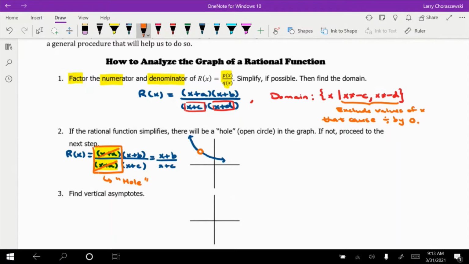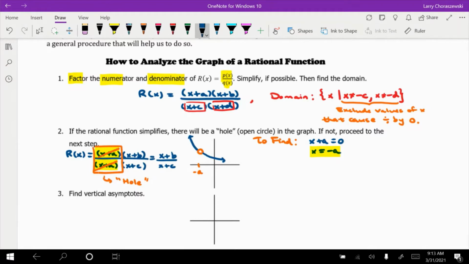Now to find a hole, here's what we do. We take this factor that cancels, and we set it equal to 0. And then we solve for x. And this would tell us the x coordinate of the hole. So right underneath this open circle in our diagram, let's put negative a.